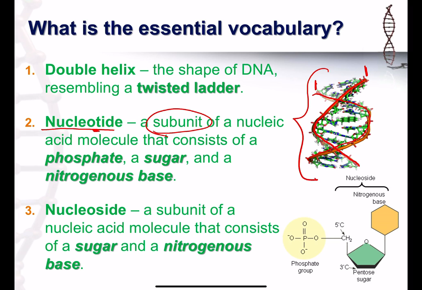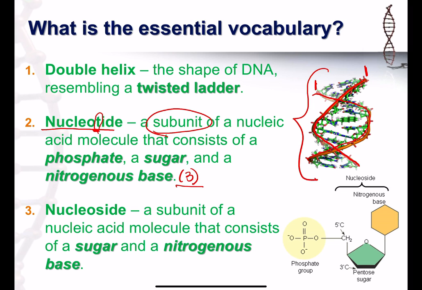If you are a subunit of something, you are not the full thing, but you are a piece of that thing, okay? So a nucleotide is a subunit of a DNA molecule and it consists of three things. So this is why this is important because there's a different word that is very similar to it, okay? So I want you to think of nucleotide, the T in nucleotide, think of it as for three, okay? So that consists of a phosphate, a sugar, and a nitrogenous base.